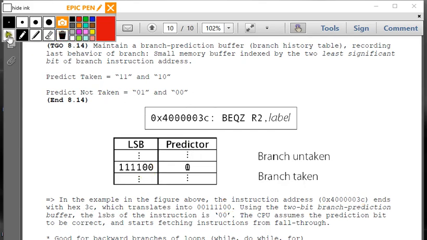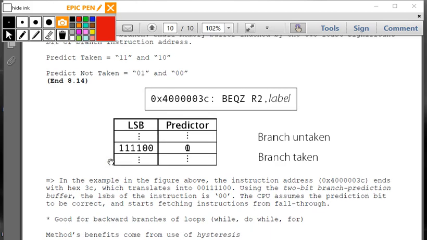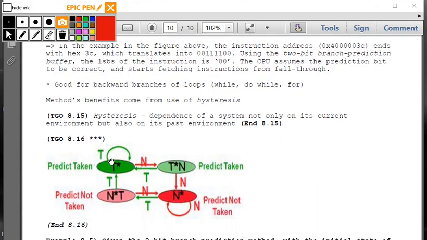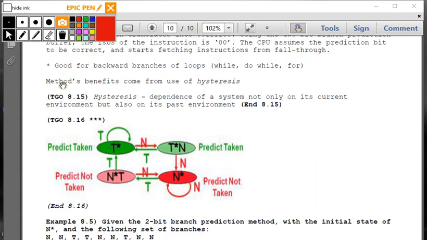And so this concept of taking this previous information, predict taken, predict not taken, and using this last information is known as hysteresis. And the idea of hysteresis is that you not only use the current information of the program, but you're using previous information.